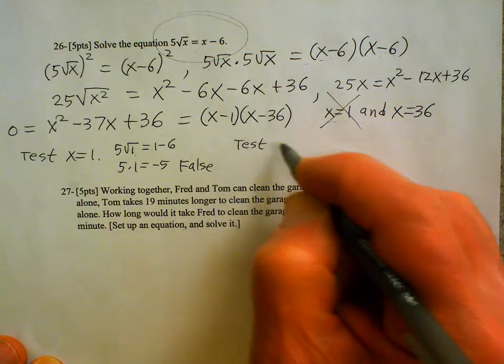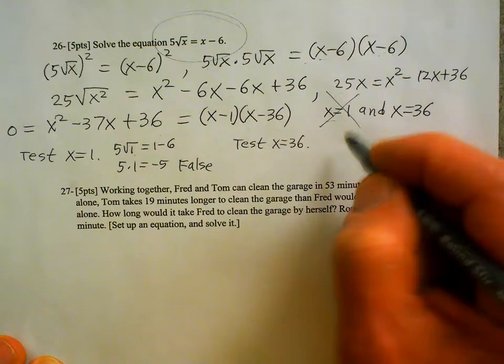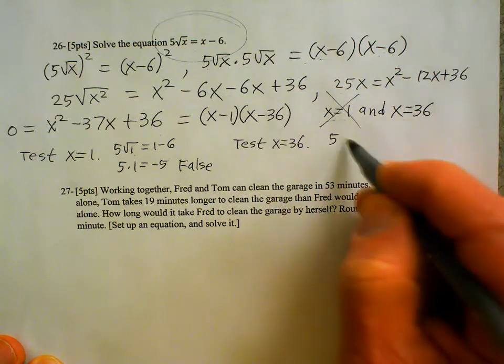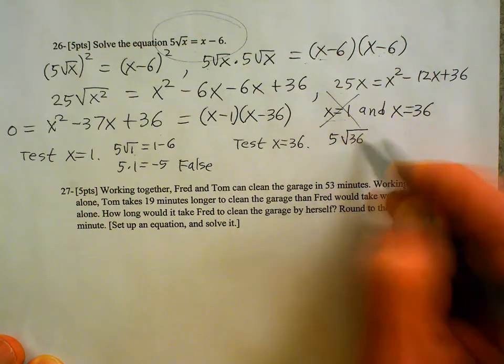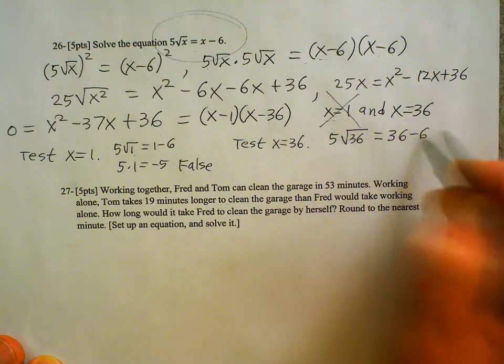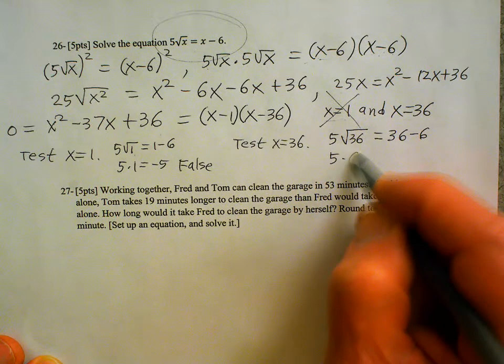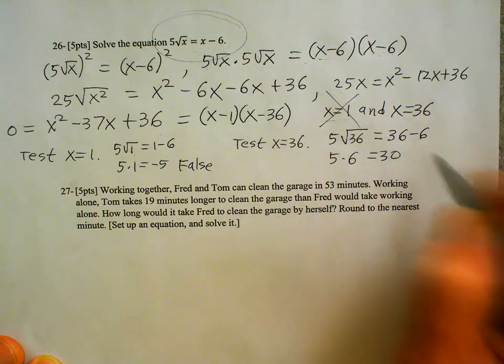Then test the other number, test x equals 36. This time we have 5 times the square root of 36. Set that equal to 36 minus 6. The square root of 36 is 6. 5 times 6 equals 30. This time we get a true statement.